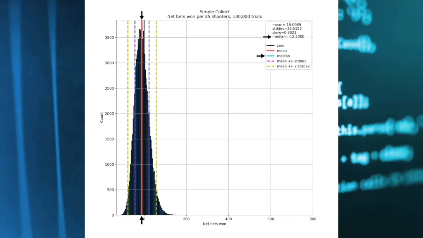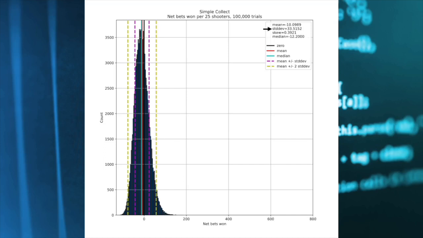Another statistic we can look at is the standard deviation. It's a measure of the dispersion of a distribution, that is, how compressed or spread out it is. Here the standard deviation is about 33.5. What that tells us is that if you take the mean and add the standard deviation, and take the mean minus the standard deviation, you get a range of plus or minus 1 standard deviation.